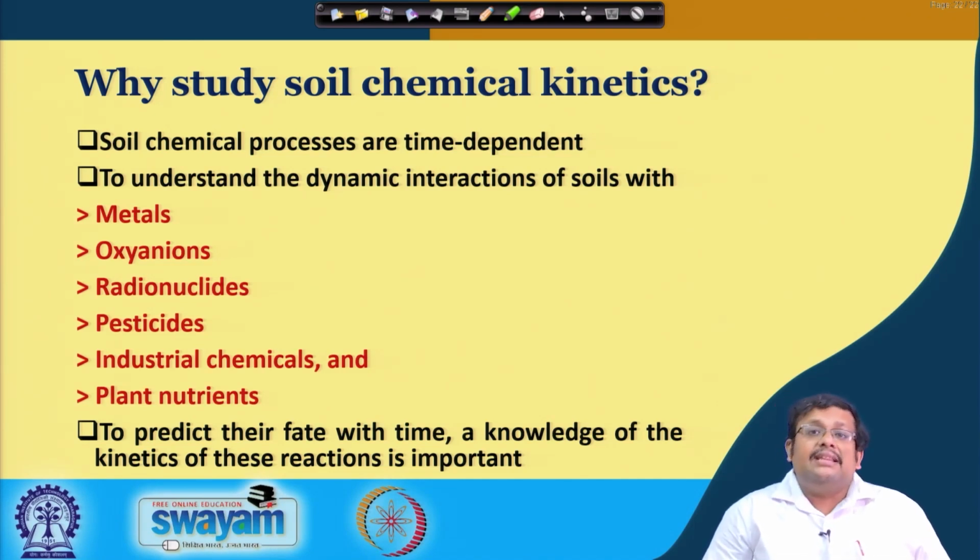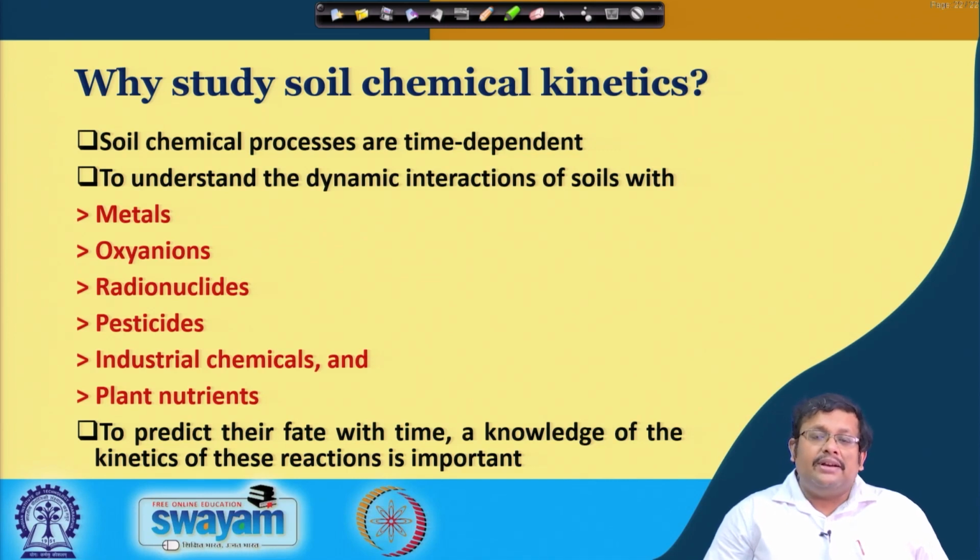Now, to understand the dynamics of interaction of soils with different metals, oxyanions, radionuclides, pesticides, industrial chemicals and plant nutrients, and to predict their fate with time, a knowledge of the kinetics of these reactions is very important.